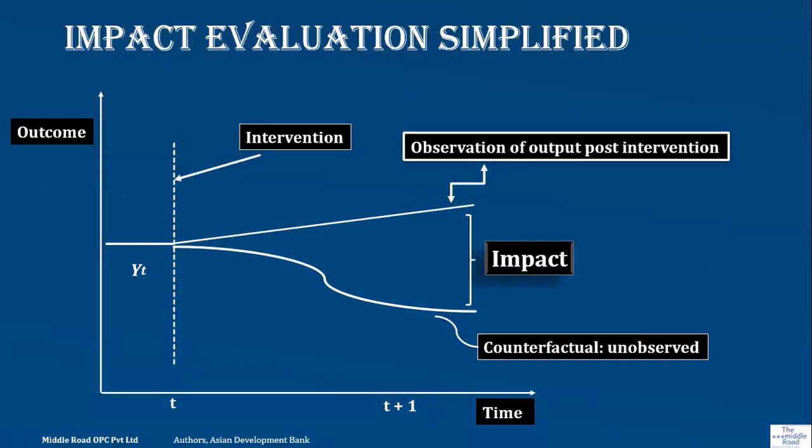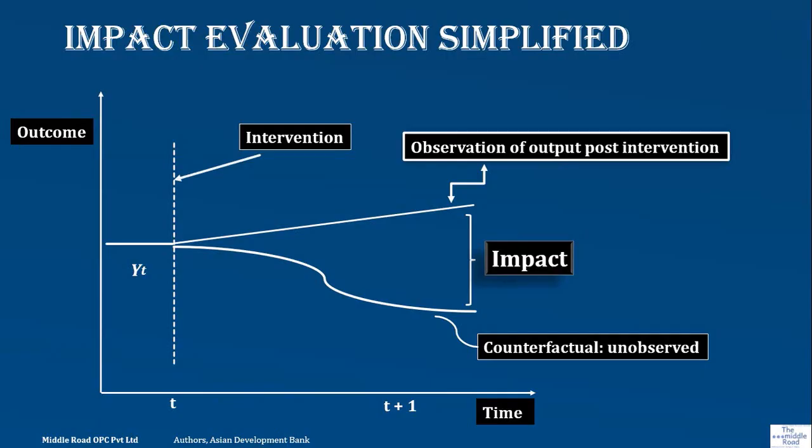So this is what I was talking about. Let's say you are measuring an outcome over a period of time, and that period could vary depending on your project. At time T, an intervention is given. After T, the change goes to observation.